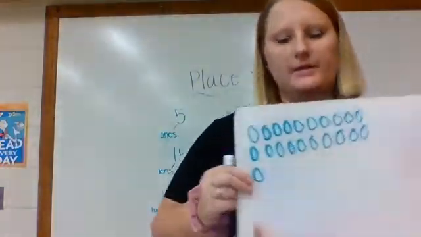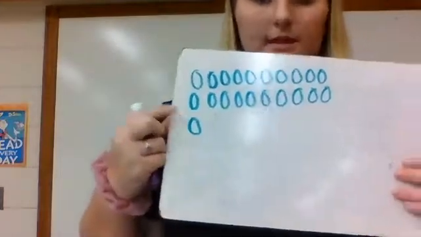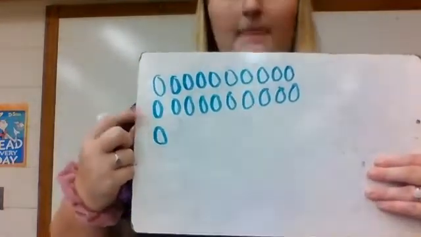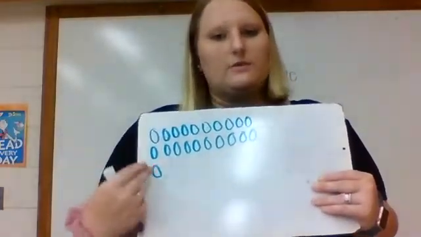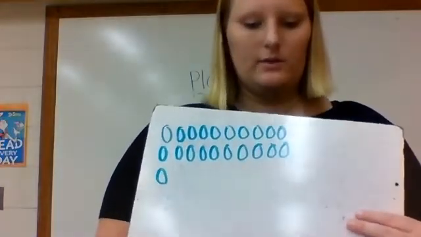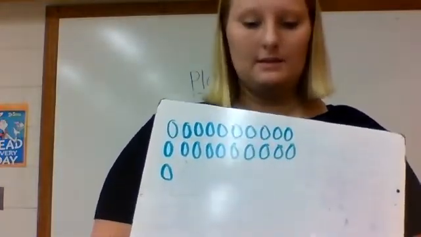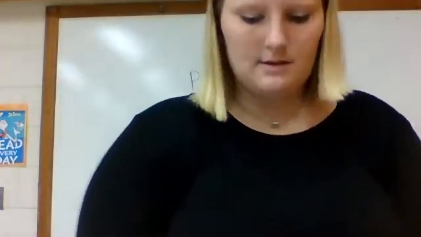So one of our problems on page 272, if you want to get out 272, looks like this. On your paper, it's leaves, but I couldn't draw leaves, so I just did dots. What we're gonna do is circle groups of 10, and then write how many 10s and how many 1s.